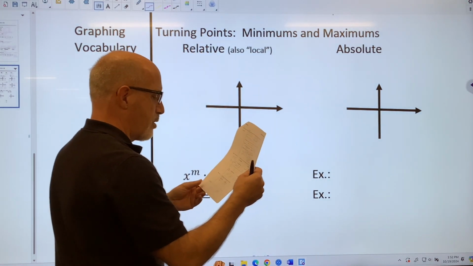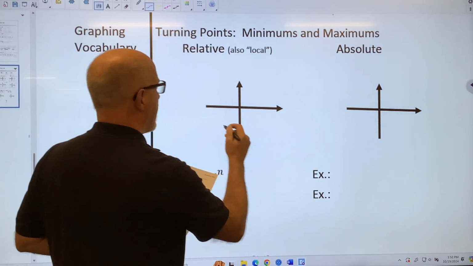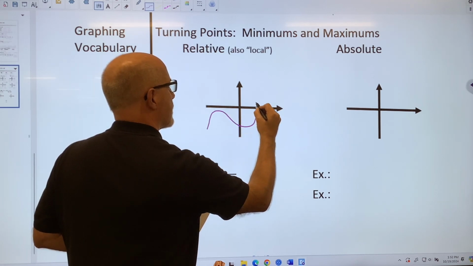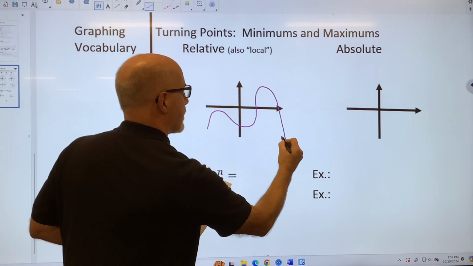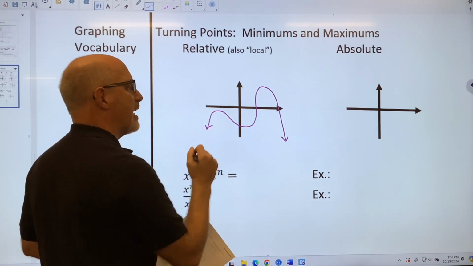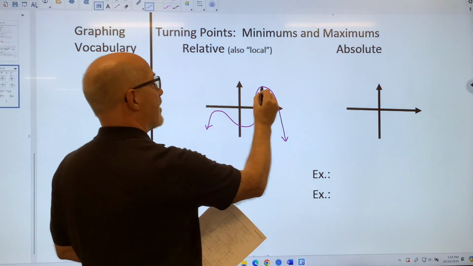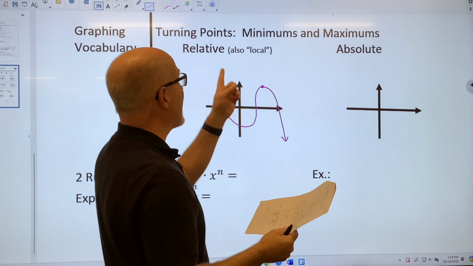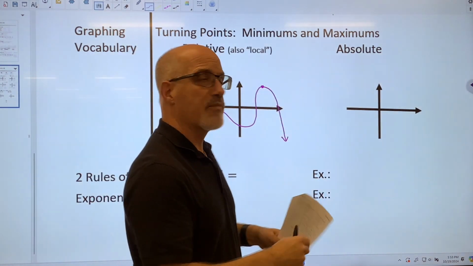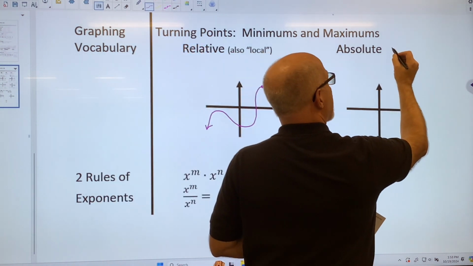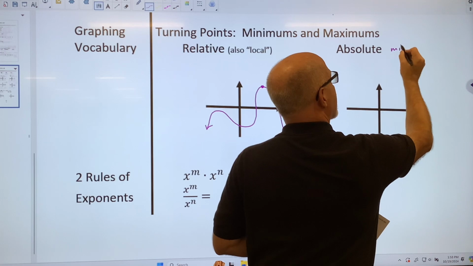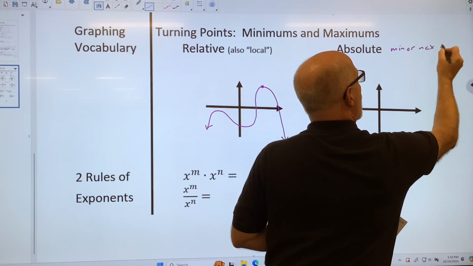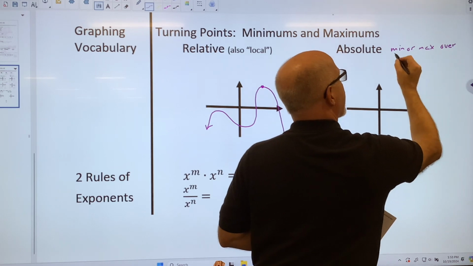So when we look at a graph, for instance, if we talk about a graph that looks like this, how are these labeled? Well, this value here is a maximum, and it's the absolute maximum. So it's the min or max over the entire graph.